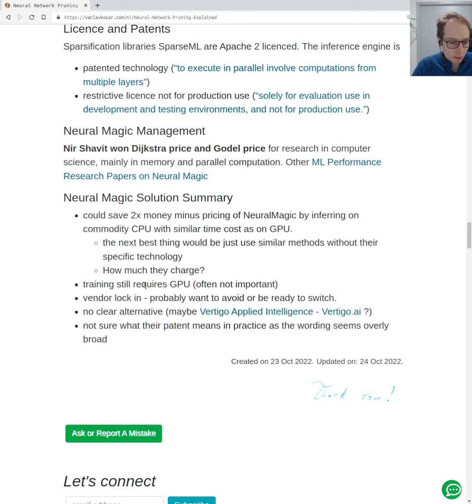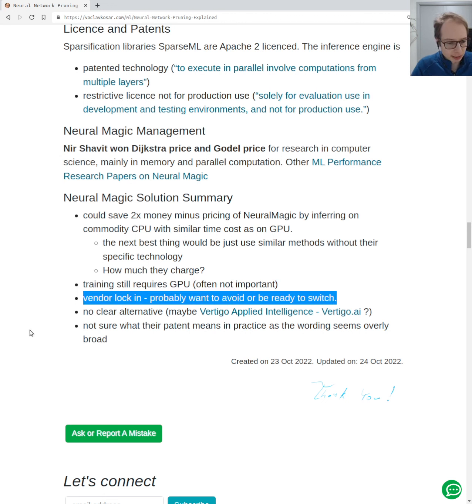I don't really know how much the deployment of this inference engine from Neural Magic would cost, and training here still requires a GPU, but maybe that's not an issue if you just have lots of predictions and very little training. Maybe that's fine, and you can still do some fine-tuning on the sparse model. If you just do predictions, you could get these savings. If you need training, the training becomes more complicated.